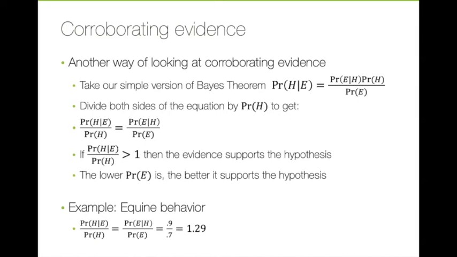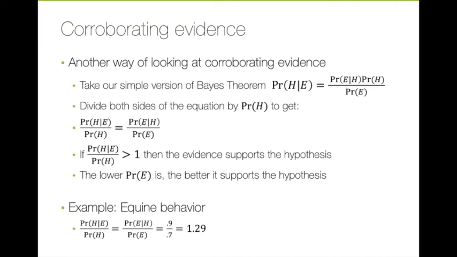The probability of H given E equals the probability of E given H times the probability of H divided by the probability of E. What we're going to do is divide both sides of the equation by the probability of H. That cancels out the probability of H on the right-hand side and gives us a ratio of the probability of H given E, the posterior probability, to the probability of H, the prior probability, on the left-hand side.